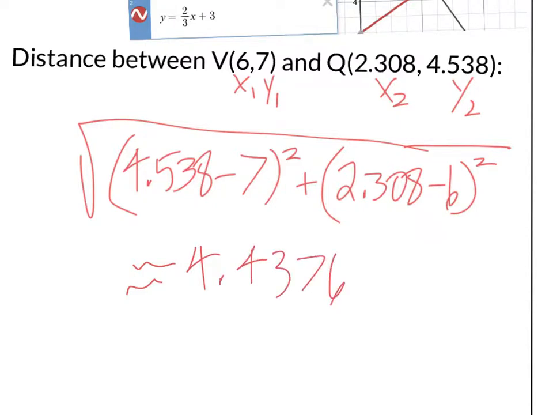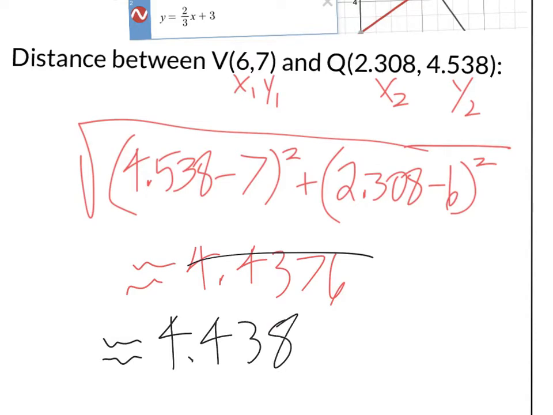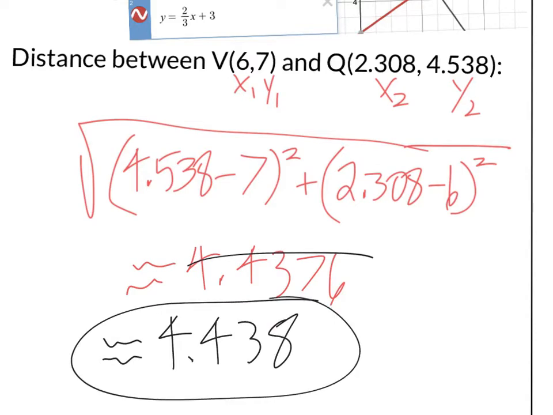So if I want you to round this to the third decimal place, I'll look at the third and fourth numbers. So does this 6 round up to 7? Yes, it does. So I'm going to say it's approximately equal, using the squiggly equal sign, 4.438. And that'll be my distance.